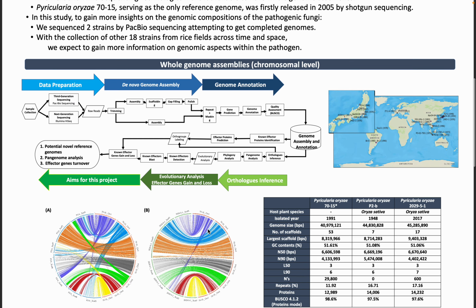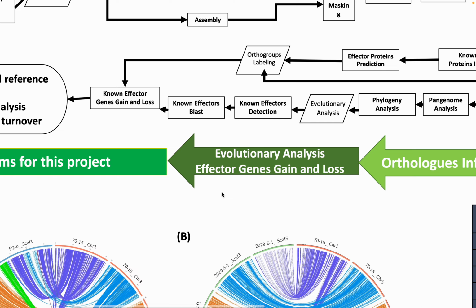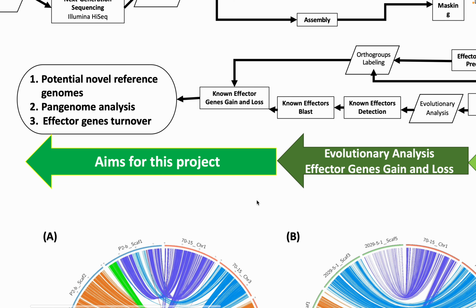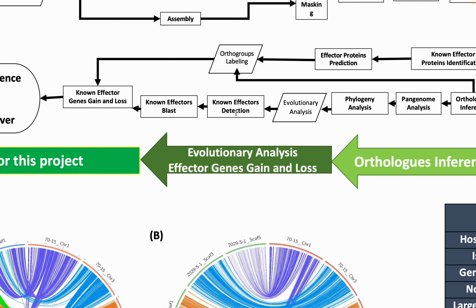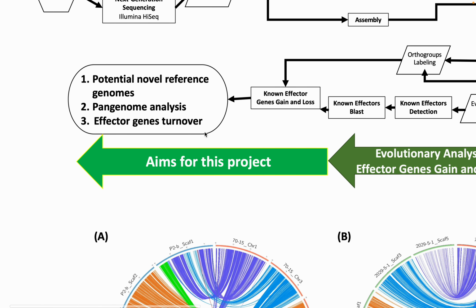Especially, we are going to approach effector gene turnovers, because based on the genomic information that we have for now, we can find the known effectors, and we try to find the gene gain and gene loss of the known effectors between all of the isolates, or strains, that we collected in this study. So that will be the next step, and the next aim for our study here is the effector gene turnover.